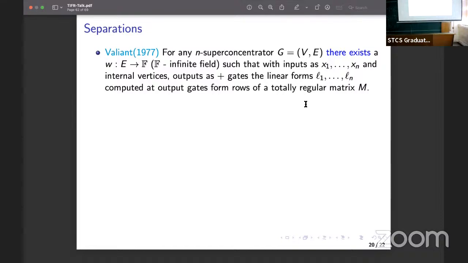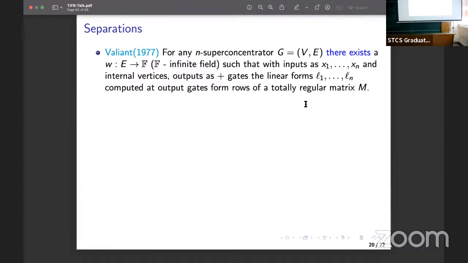It's important that you only choose the subsets, you don't choose the ordering. Correct. Once you choose k here and k there, there is some specific matching that will happen, but you don't specify which goes to which. So this is called an n super concentrator.